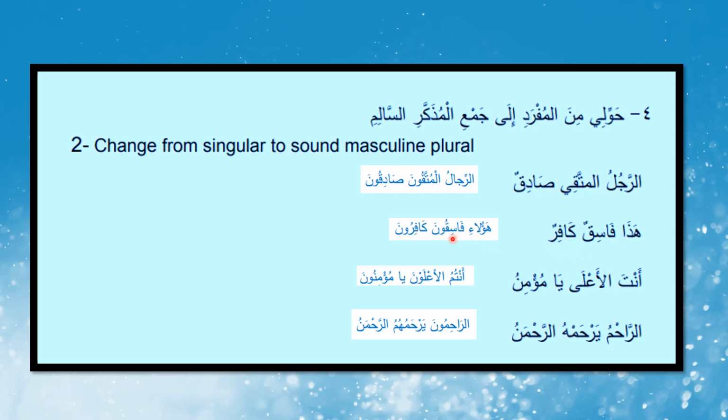Ha'ula'i fasiqun kafirun. Anta al-a'la. Remember, this is from the special nouns ending with the alif makhsura. Anta al-a'la ya mu'min, a'la means high position. And antumul a'lawna. So the fatha will remain intact. The weak letter alif makhsura will be deleted and the fatha will be there.